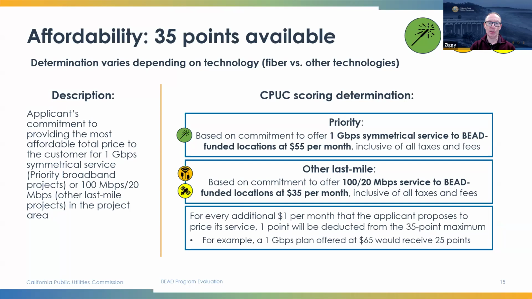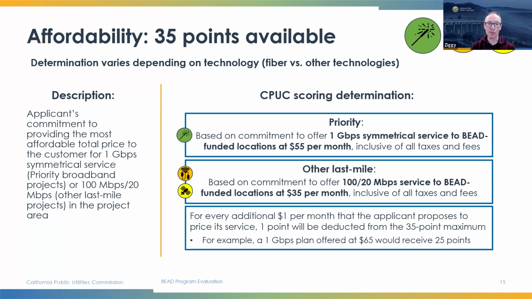So there's a benchmark set at $55 per month, inclusive of all taxes and fees, for priority broadband, for gigabit service, and for the 100 over 20 service in other last mile technologies, the benchmark is set at $35.